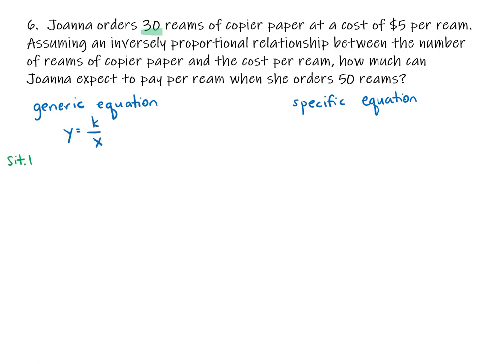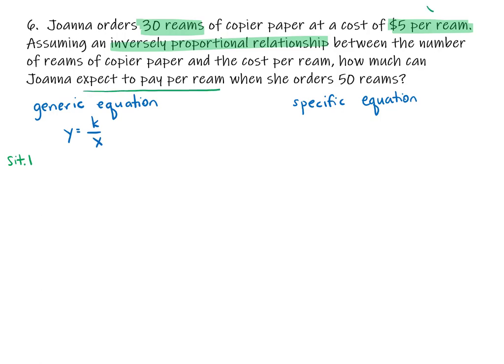Joanna orders 30 reams of paper at a cost of $5 per ream. And we're also told that there's an inversely proportional relationship between these two items. So that's how we know we're going to use it in this equation. Let's call how much we expect to pay per ream our y variable.